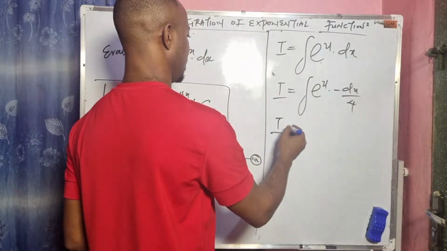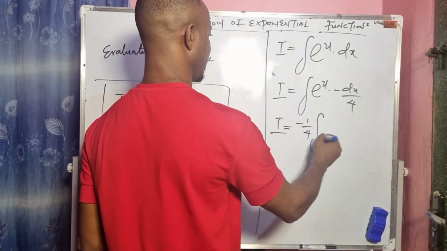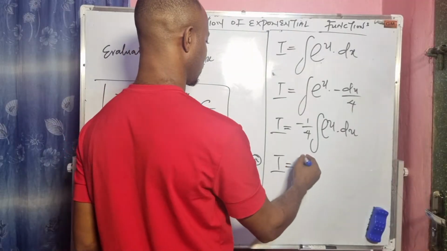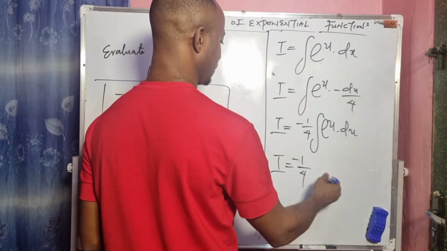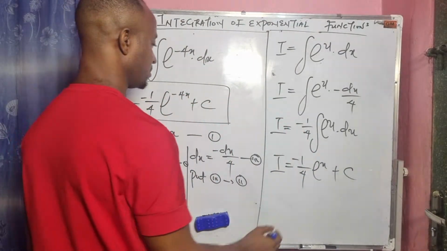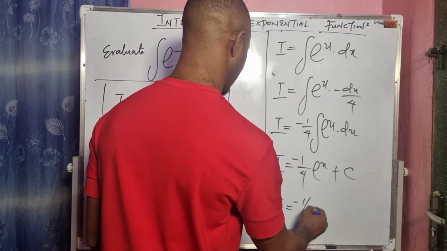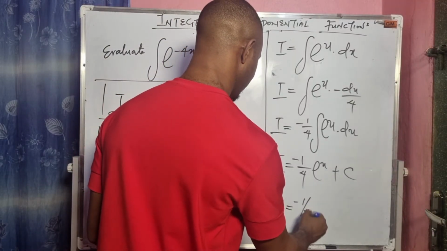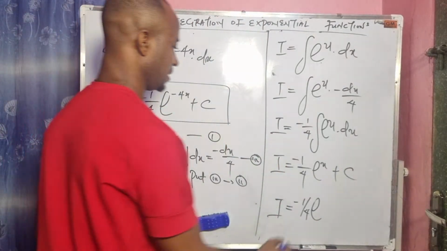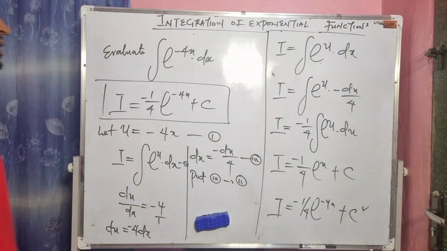So here, we factor out minus 1 over 4: the integral of exponential u du. That will give us I equals minus 1 over 4 exponential u plus c. So the final answer becomes our integral equals minus 1 over 4 exponential, our u is minus 4x, so minus 4x, then plus c. This is the final answer here.